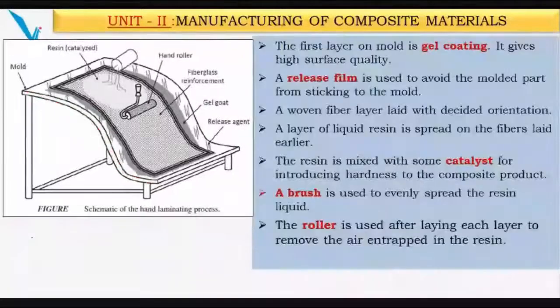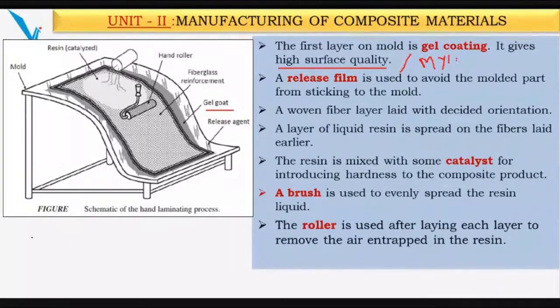Now what is the process? First we apply the gel coating, and this is to get high surface quality. Our alternative for this is a Mylar film, which is mostly a glass-type plastic.